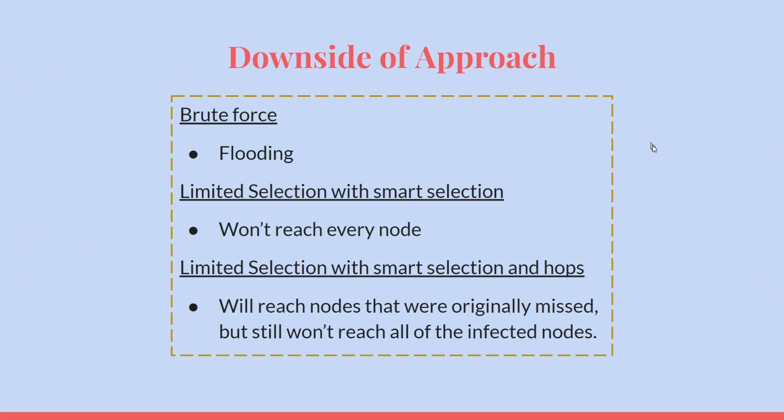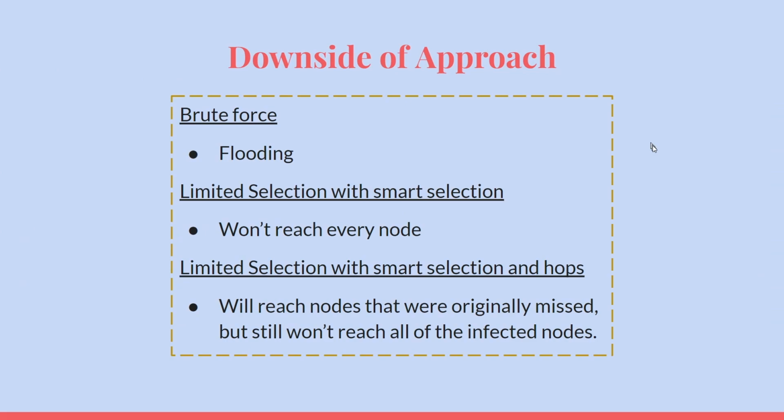Alright, let's take a look at the downside of each approach. For brute force, we know the packet will be reached. However, the network will be under considerable flooding. The method limited selection with smart selection will be better in terms of preventing flooding. However, each packet will not reach every node. Finally, limited selection with hops.